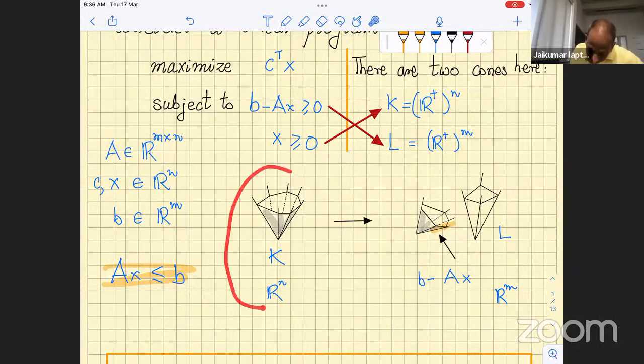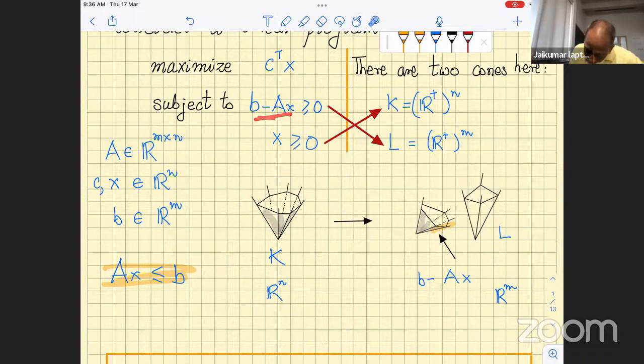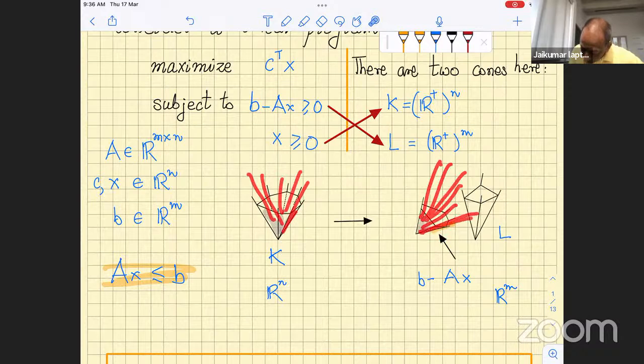So this is the n-dimensional space, the world in which X lives. On X, we perform this transformation. It takes you to this point. If you perform the transformation on this entire cone, you might get these objects, all living in Rn.